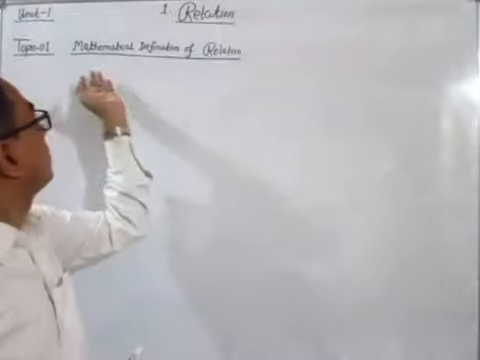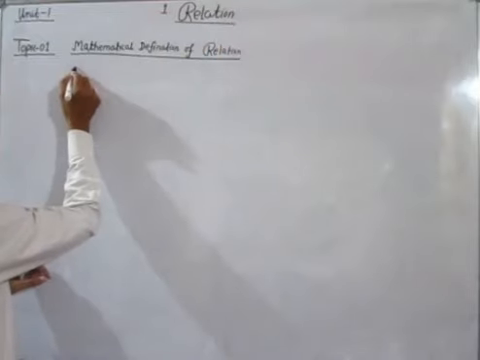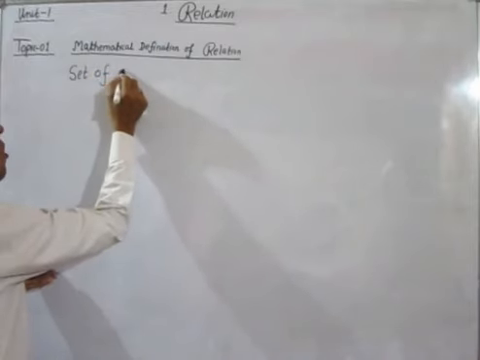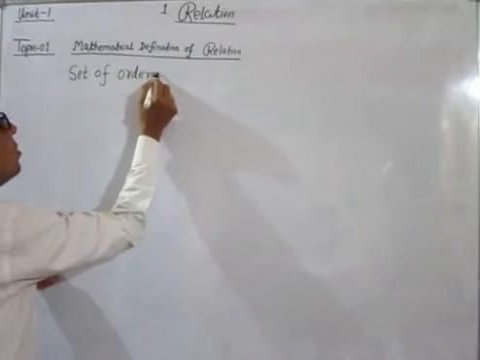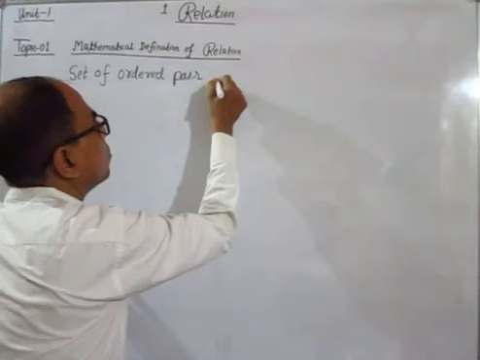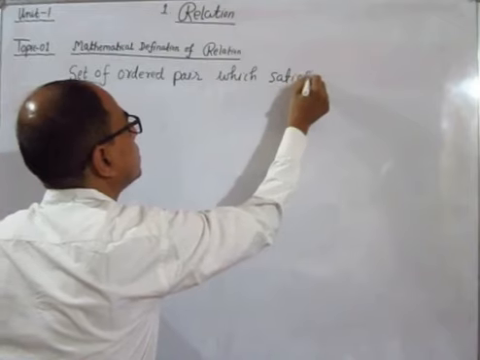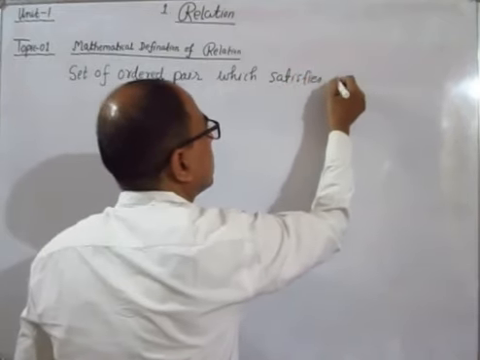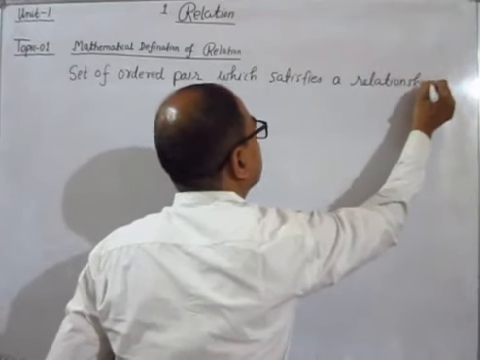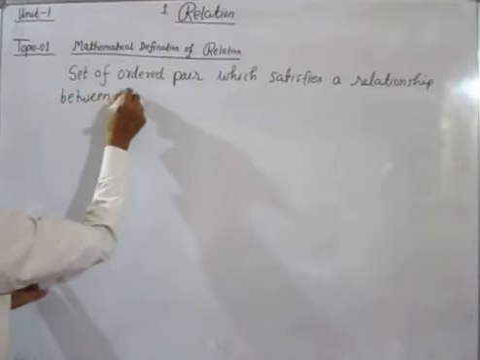Now what is the mathematical definition of relation? So the mathematical definition of relation is a set of ordered pairs which satisfies a relationship between elements.